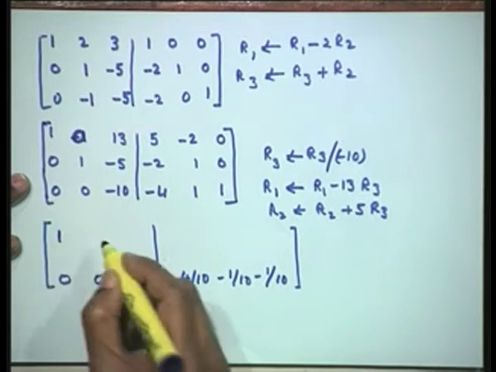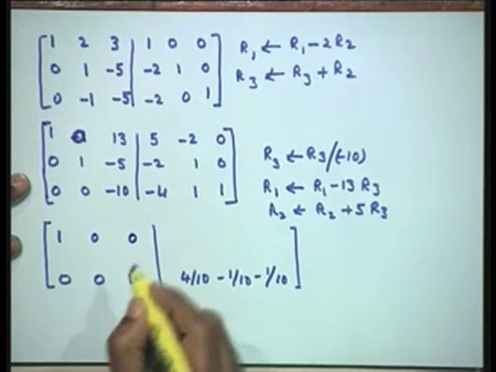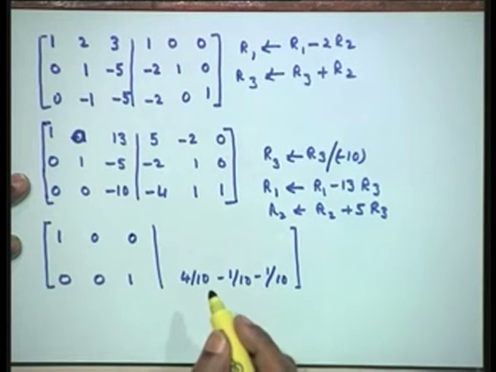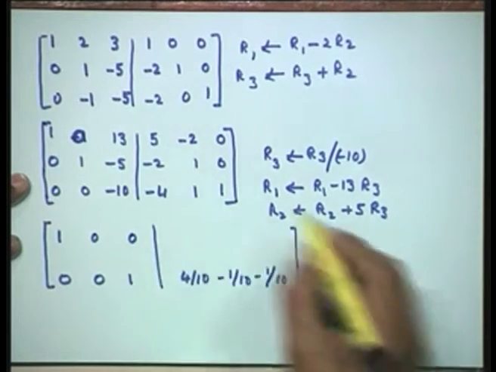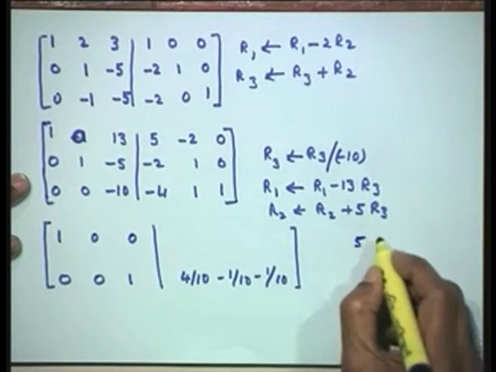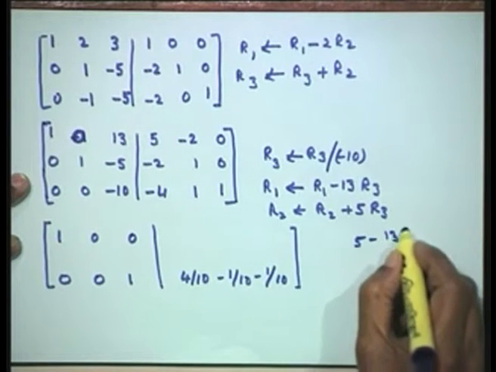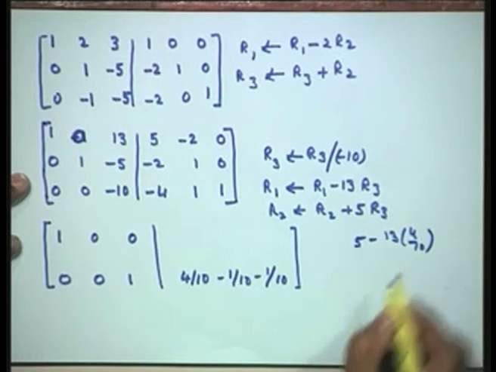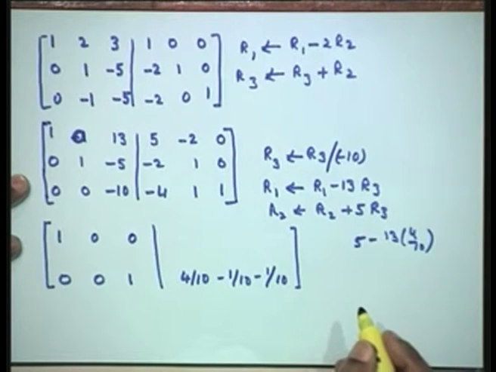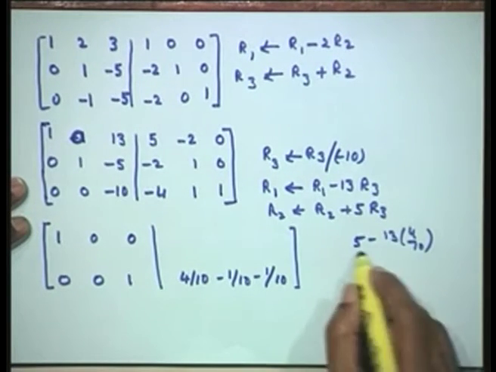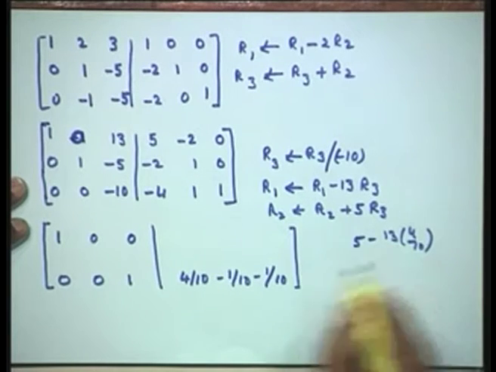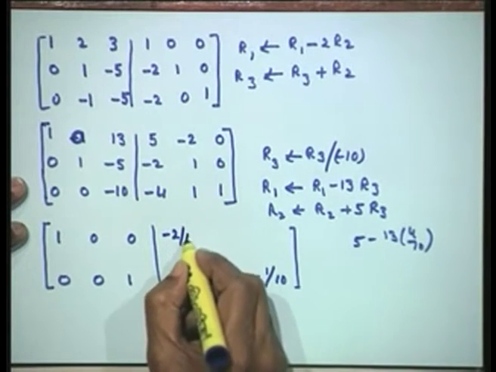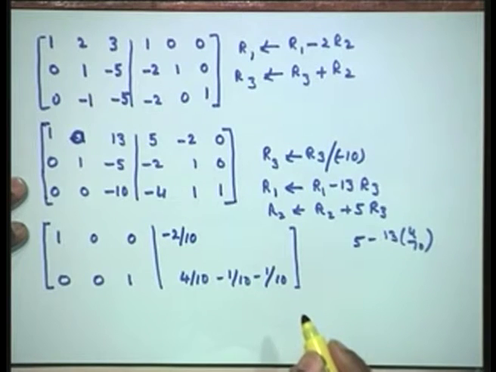Now, this is 1, this is 0, this is 0, 13 times this is 0. So, then I have here 5 and minus 13 times 4 by 10. Is it right? That is 52 minus 50, that is minus 2 by 10, that is equal to minus 2 by 10.